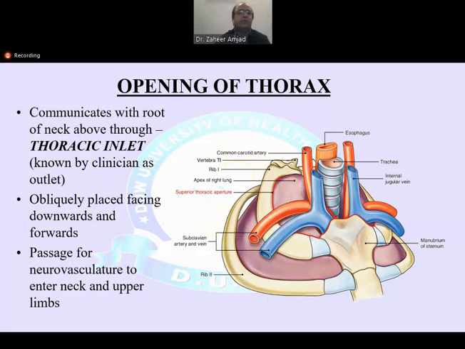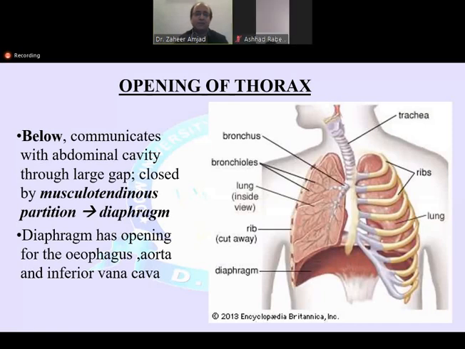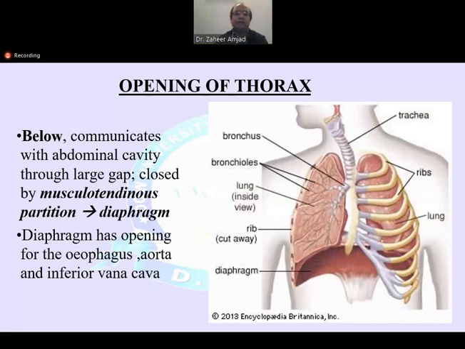Below, the thoracic cavity communicates with the abdomen, but it does not directly communicate with the abdomen because it is covered by the diaphragm. This diaphragm is a musculotendinous sheath which separates the thoracic cavity from the abdominal cavity, and this is the most important inspiratory muscle, which is also responsible for the maintenance of the intrathoracic pressure.